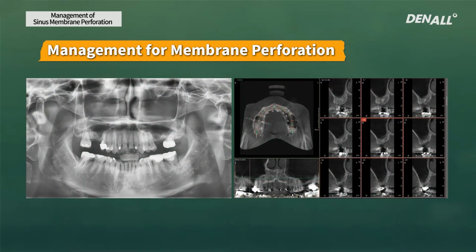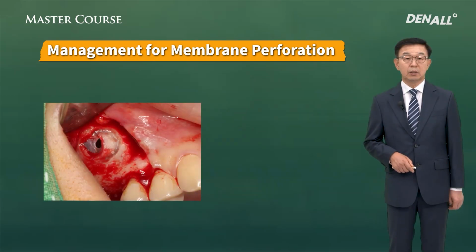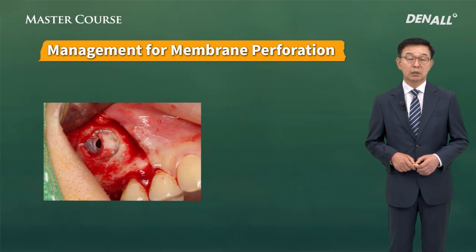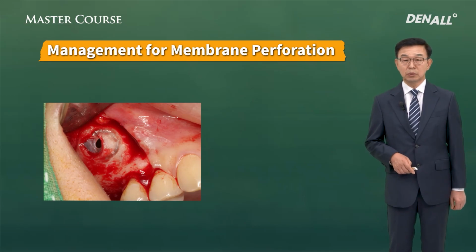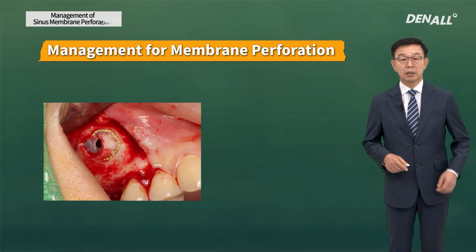In the upper right posterior area, the residual alveolar bone was limited and therefore lateral window approach was taken. You can see that the sinus membrane has been perforated. You can see such perforation at times. You need to grind the bone beyond the area that is torn. Check the problematic area, do sinus lift.